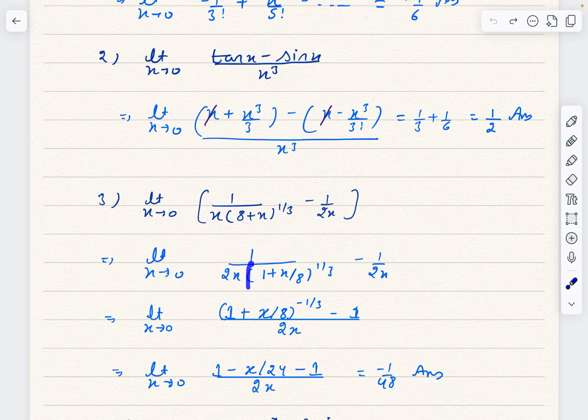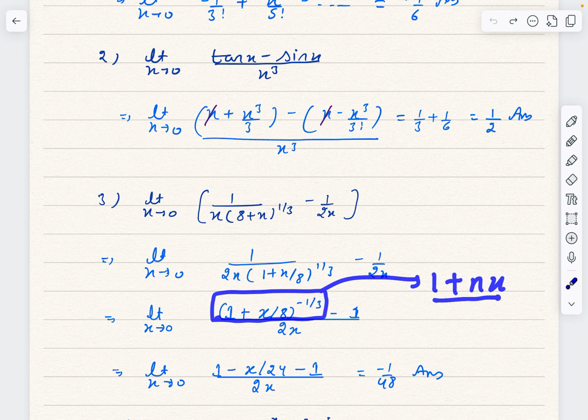This (1 plus x over 8) power 1 by 3, we can write in the numerator as (1 plus x by 8) power 1 by 3. The denominator will be the same in both of them then. We get (1 plus x by 8) power 1 by 3 minus 1, by 2x. Now here, for the (1 plus x) power n expansion we can use just up to x only. So it will be 1 plus nx.